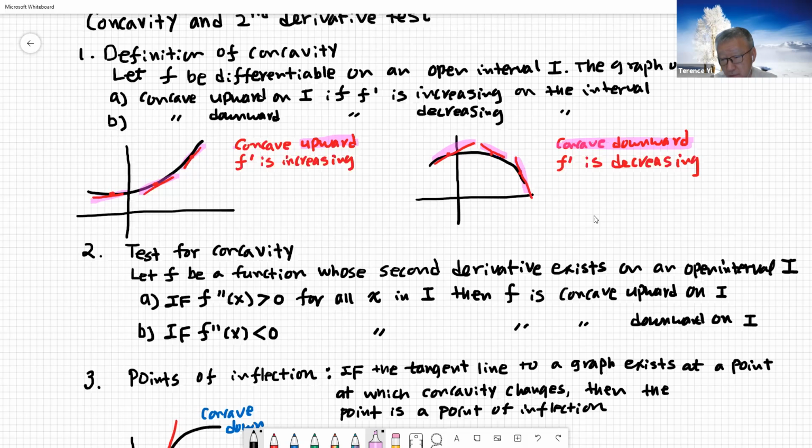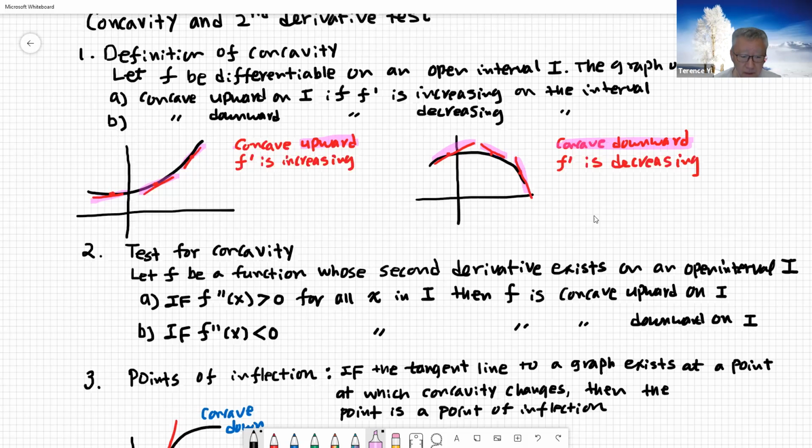but it works in a similar way, where the interval is going to be concave up or concave down, just like what we did in the increasing and decreasing function. So we're going to go through a similar process to what we went through with increasing and decreasing.